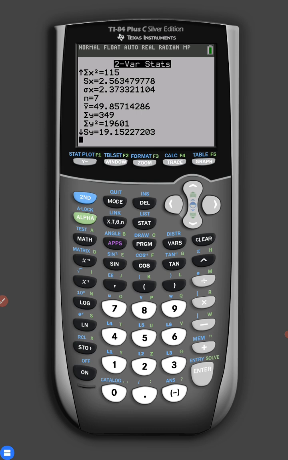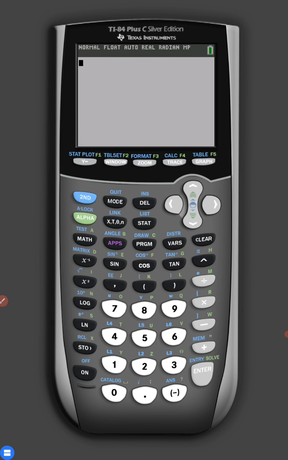And so if I go back to my home screen, I'm going to start by typing in R. So we got for R 0.999, and then times my standard deviation for Y was 19.152, and then my standard deviation for X was 2.563.